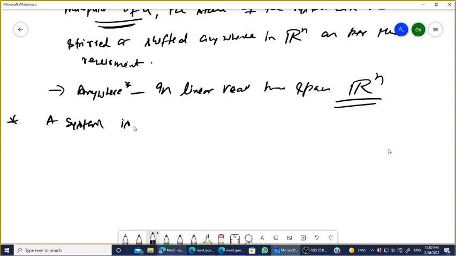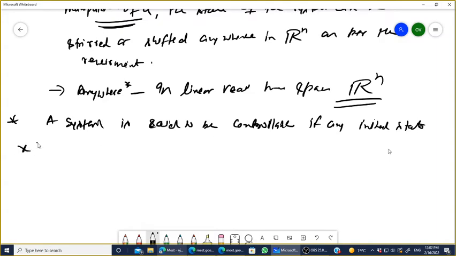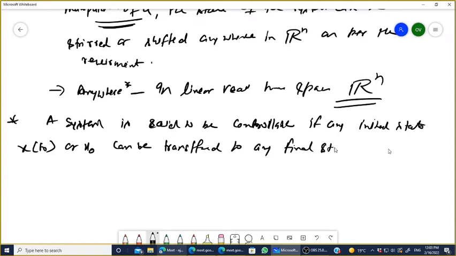A system is said to be controllable if any initial state x of t naught or x naught can be transferred to any final state x of t f in finite time.